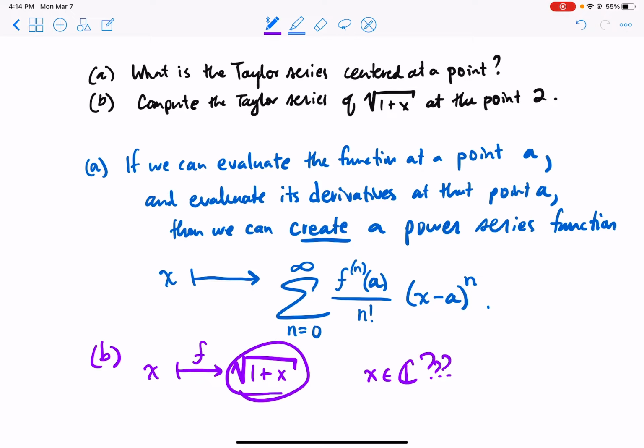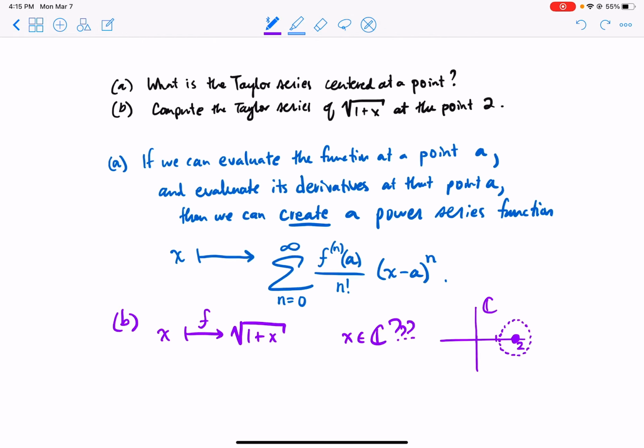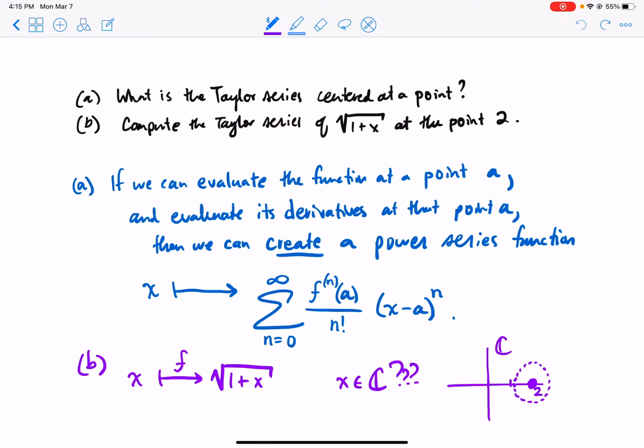We can evaluate all its derivatives at the point 2. So we could take the point 2 here and hope to extend it into the complex numbers, and be able to plug in any point in this disk. And so we will use a Taylor series to do that.